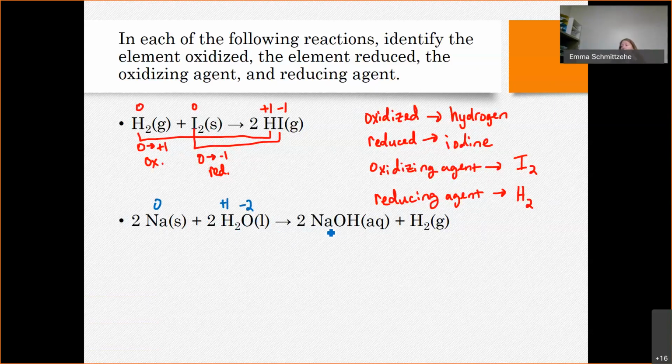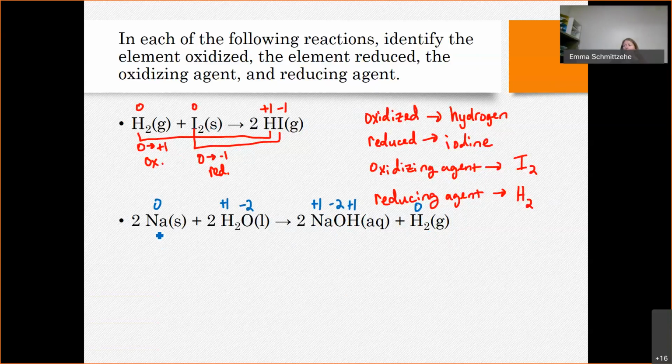And then next, I've got sodium as a group 1, so it has to be +1 in a compound. Hydrogen, it's with at least 1 non-metal, so it's +1. And then oxygen should be -2, and that all sums to 0. So that's good. And then we have hydrogen by itself and neutral, so that's 0.